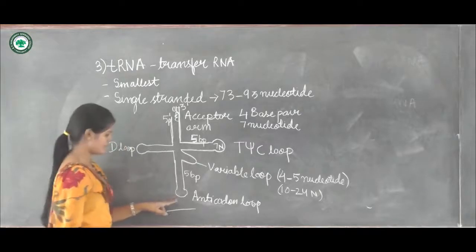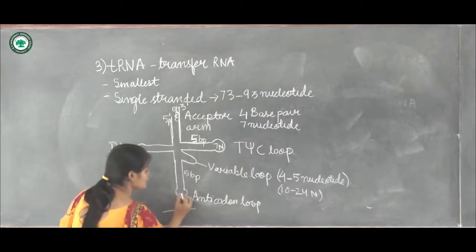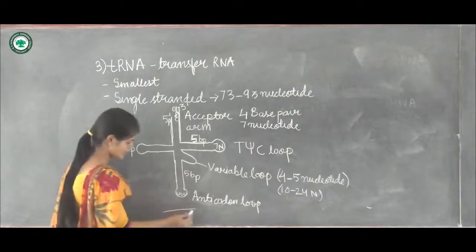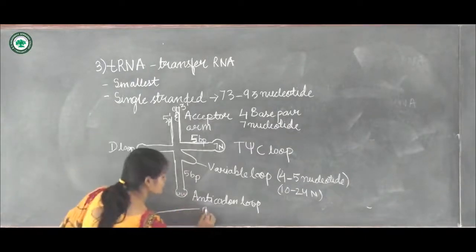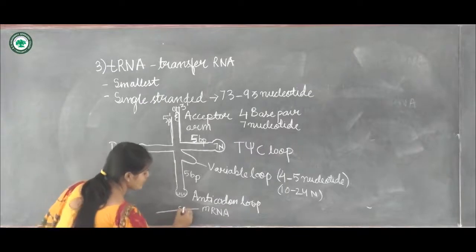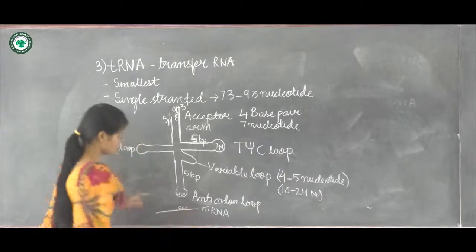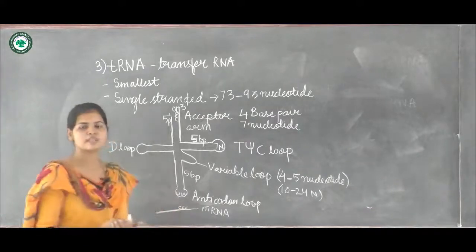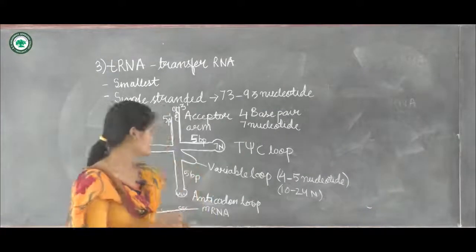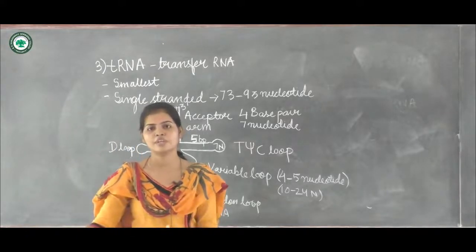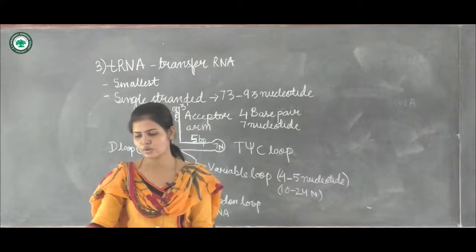Suppose here is UUC; this will pair with the mRNA. So there will be anticodon-codon interaction, and it will result in the synthesis of the protein. This tRNA is important for protein synthesis to occur.